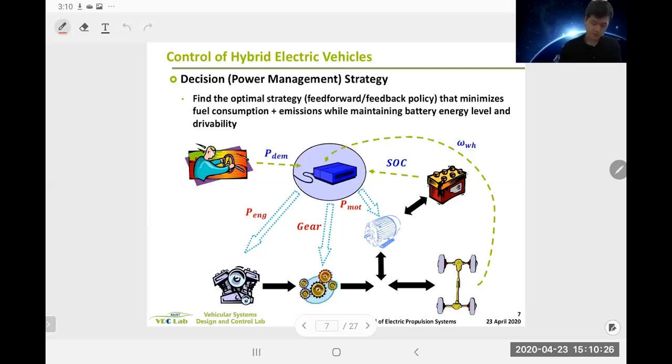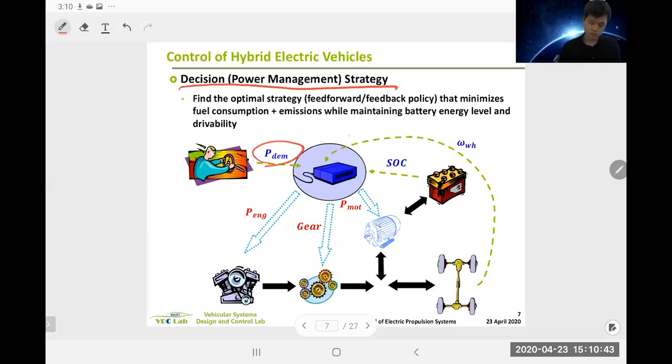And this is another view of power or energy management strategy. So the driver asks for power, right?